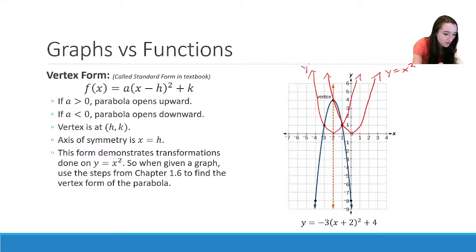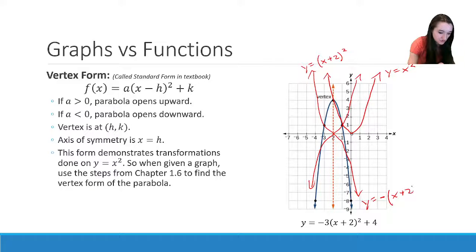This is now y equals, 2 to the left means it's (x + 2)². Then, if I want to flip it over, that's going to look like this, and like this approximately. So that's now y equals −(x + 2)².